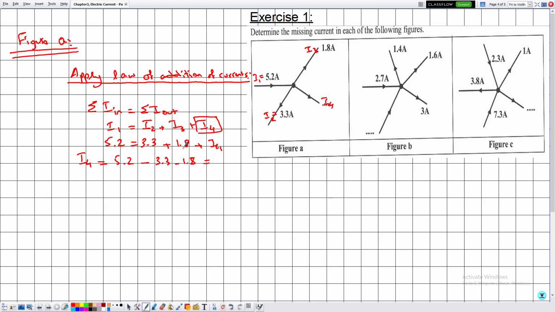Then solving for I4 and plugging this expression into the calculator, the value of I4 is 0.1 amperes.